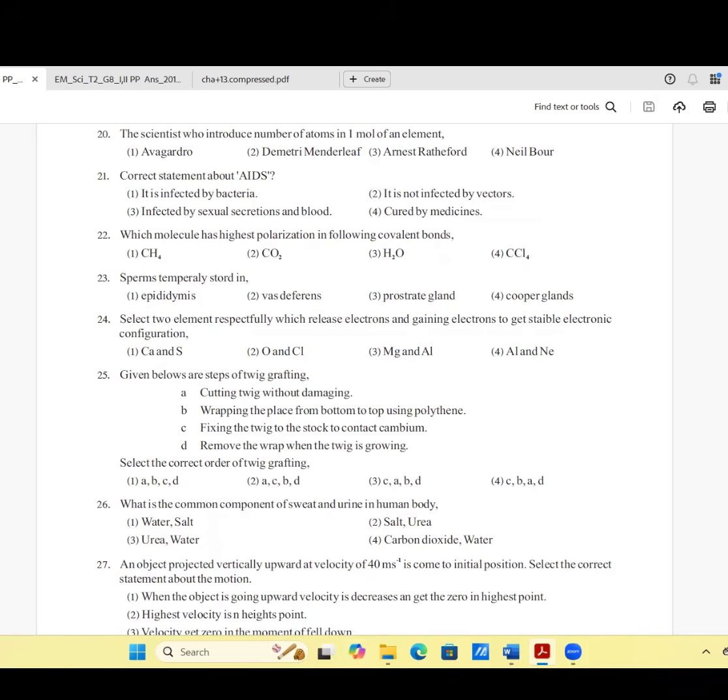To find that, you have to draw carbon with 4 hydrogens. This is not a polar compound, it's a non-polar compound. CH4 is a non-polar compound because all the 4 hydrogens are symmetrically arranged around the carbon, so there's no polarity even though there are 2 different kinds of atoms.